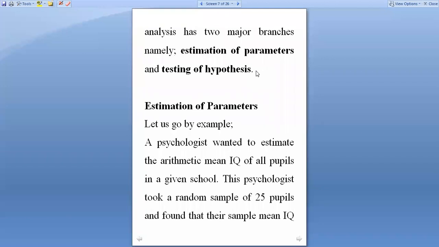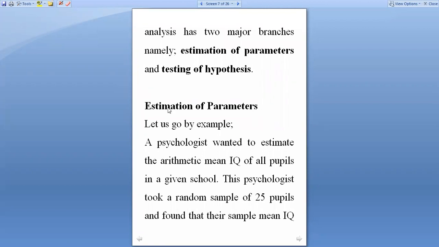I had ended at a point where we were saying that inferential data analysis has two major branches: estimation of parameters and testing of hypotheses. When we look at estimation of parameters, we have already understood the word parameter. Now we only need to understand the word estimation.